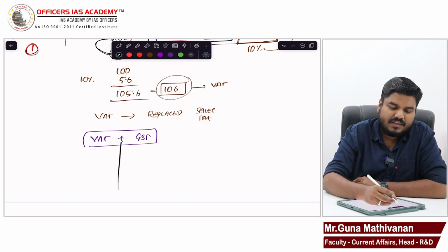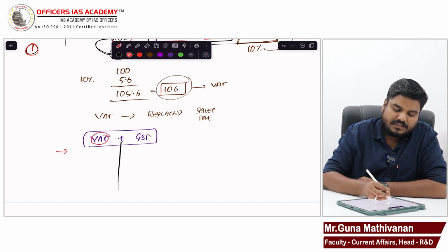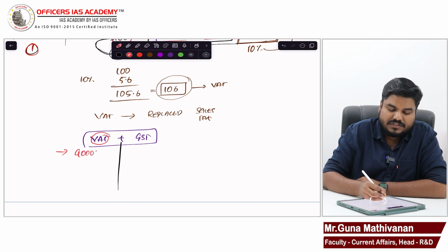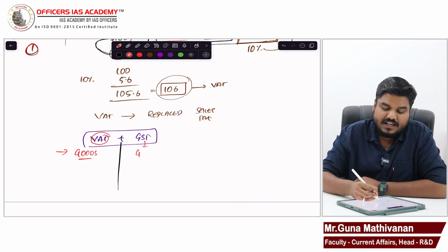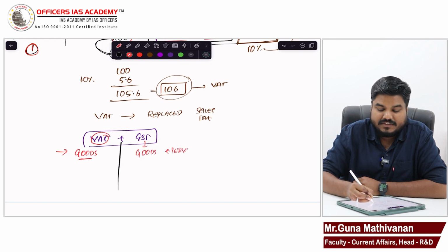Let's try to understand. VAT was imposed only on goods, but GST, as the name says, was imposed on both goods as well as services.